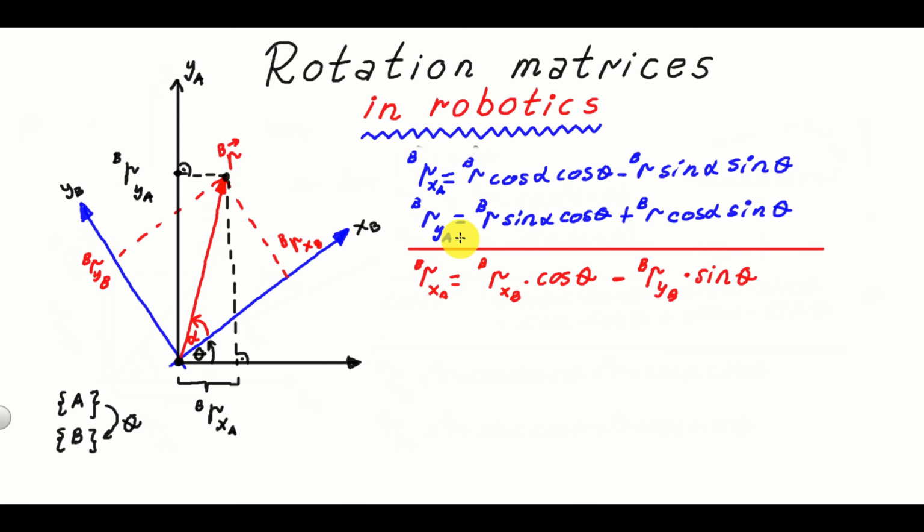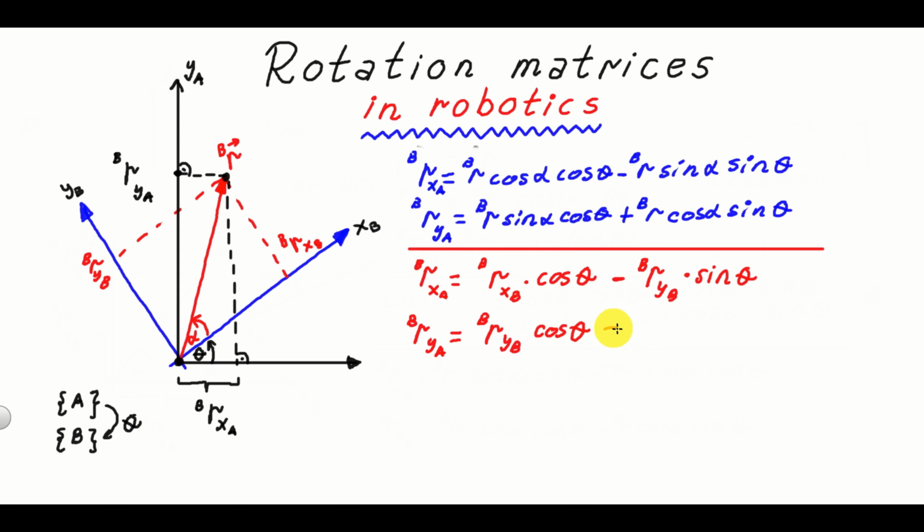Let's apply the same principle to the second equation, and consequently we will have RYAB equal to RB sine alpha, which is actually this projection, so let's write it down, RBYB, and over here we will have cosine theta.